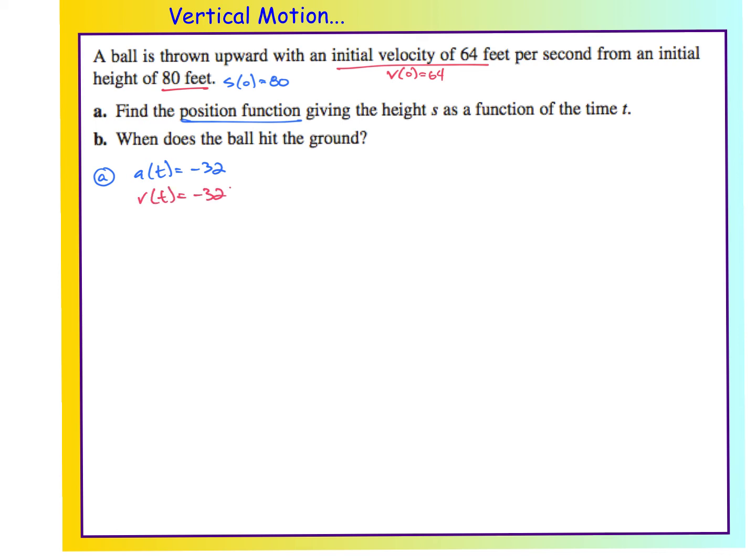negative 32t plus c. Well, I have an initial condition of v of 0 equals 64. So what did that solve for? C. So C is equal to 64. So I'm going to back substitute it. So now my v of t equation is negative 32t plus 64.